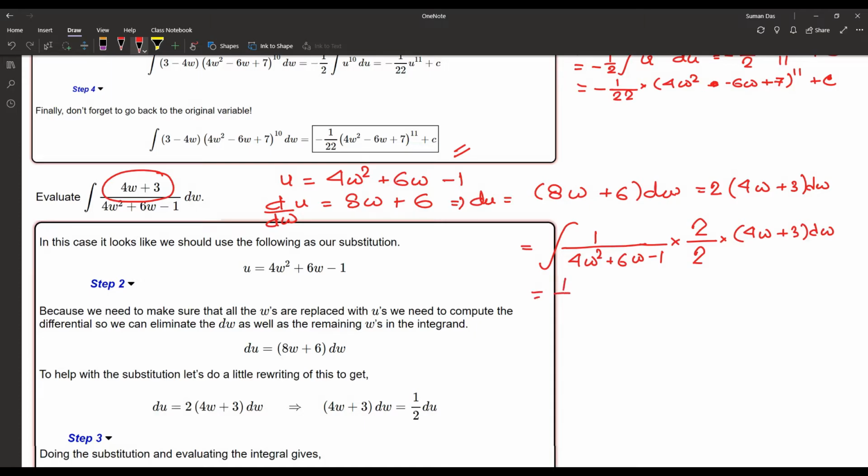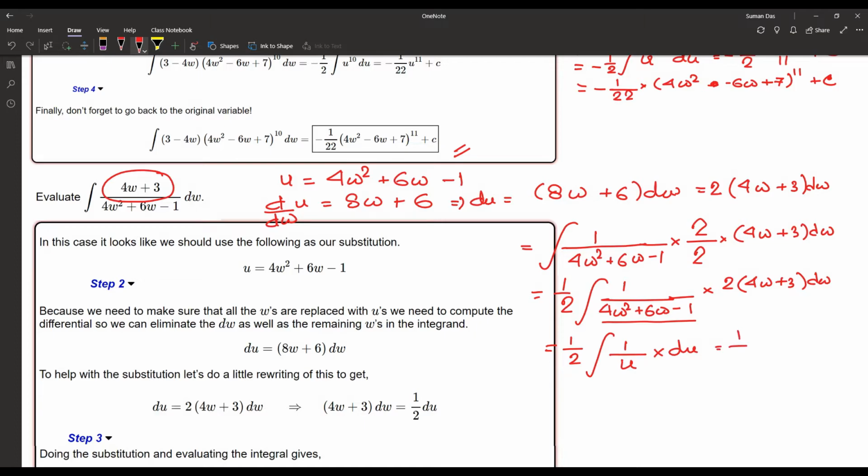So we are taking half as a multiplier, 1 by (4w^2 + 6w - 1) into 2(4w + 3) dw, and that one is equal to half of 1 by u du.